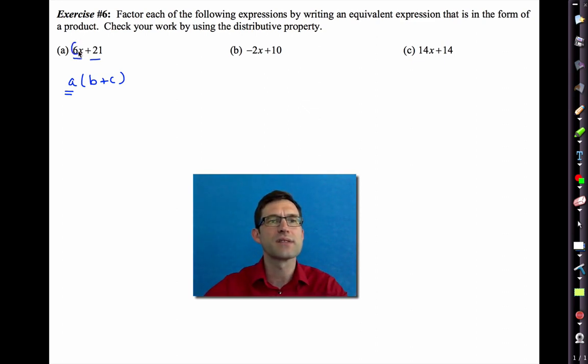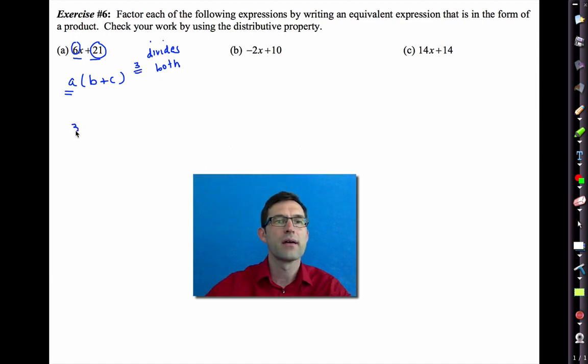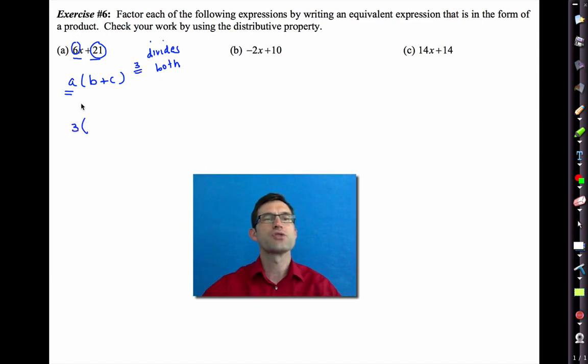Take a look at the 6. Take a look at the 21 and find the largest number that divides both of them. And that happens to be 3. So that's going to be my a. Then the question is, well, what would I have to multiply 3 by to get 6x?